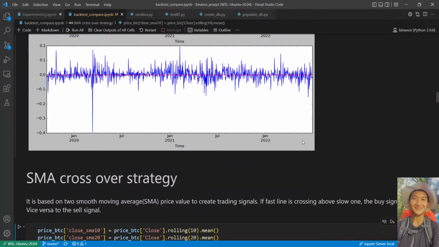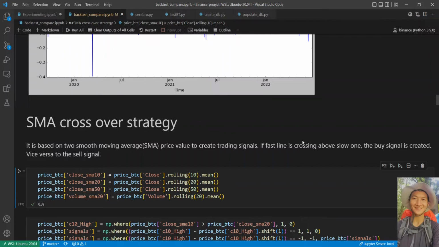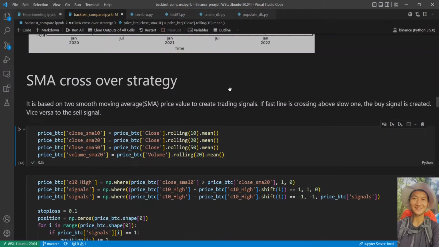Now I will introduce this trend following strategy, called SMA Crossover, which is based on generating two simple moving average price curves to get a trading signal. The first line has a rolling average period shorter than the slow one. When the fast line is closing above the slow one, the buy signal is created, and vice versa: if the fast line is closing below the slow one, the sell signal is created.